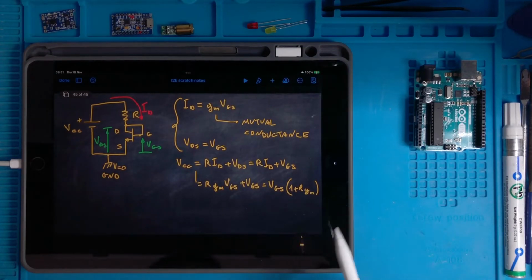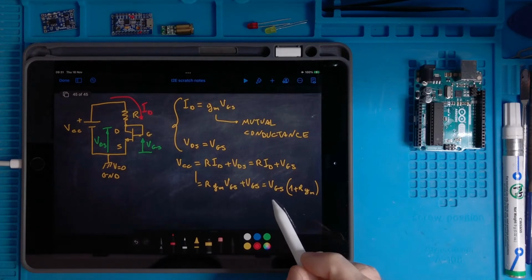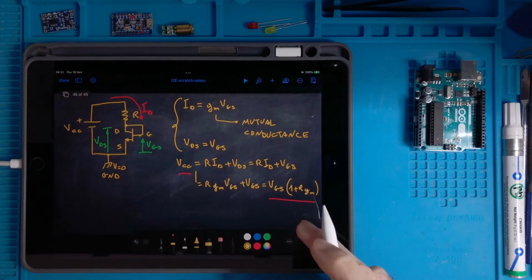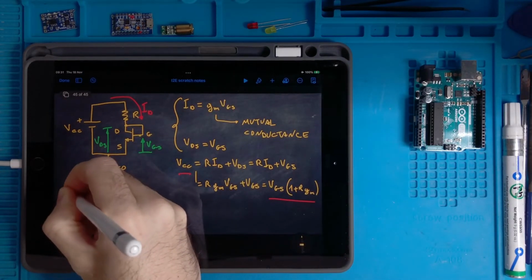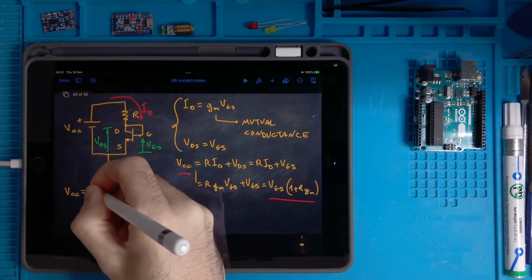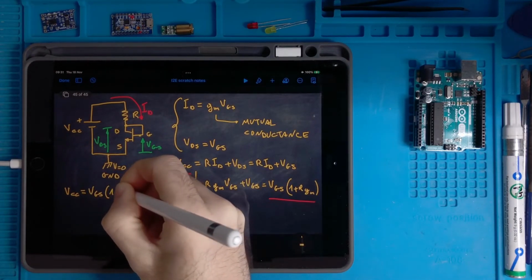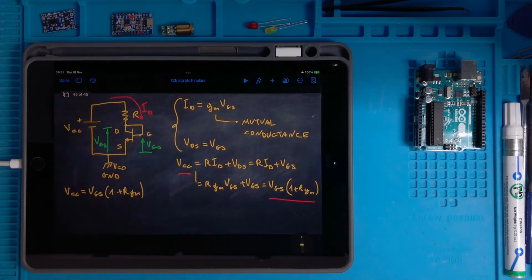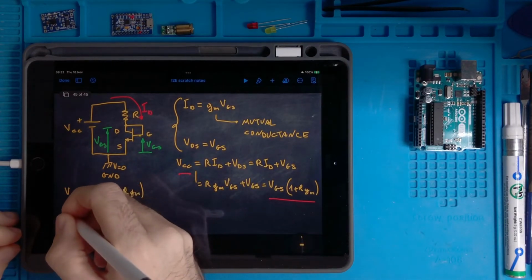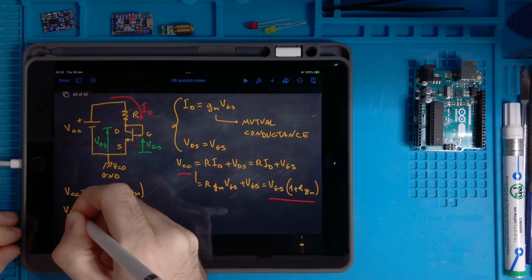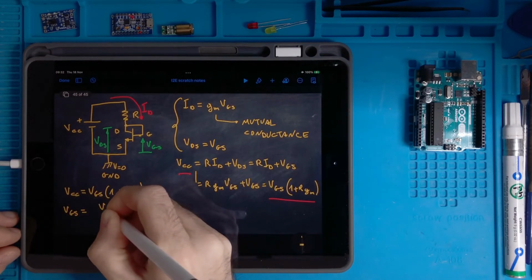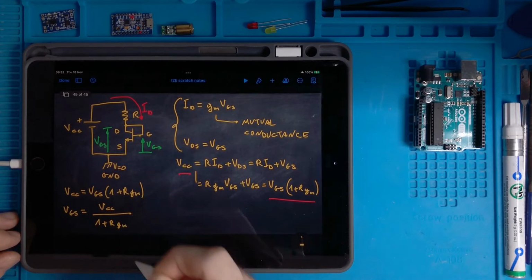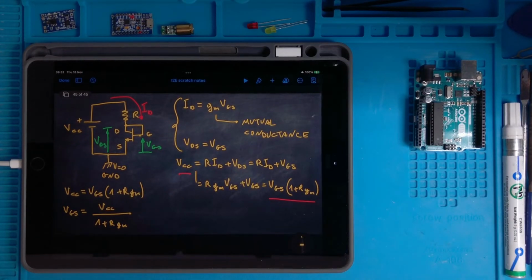And so if I follow this chain of equalities, I get that VCC equals VGS times 1 plus R Gm, and therefore from this I get that VGS equals VCC divided by 1 plus R Gm. I'm just doing some mathematical passages.